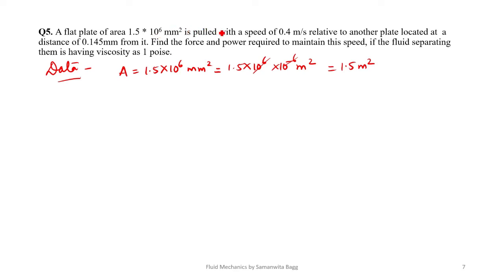Is pulled with a speed of 0.4 meters per second. So U is given as 0.4 meters per second relative to another plate located at a distance of 0.145 mm. So again, like the previous numerical, dy is given. This is U2.